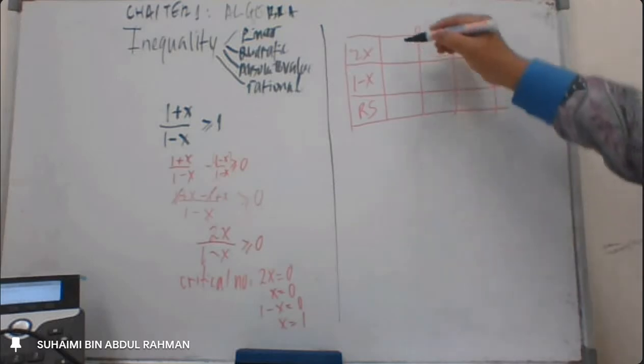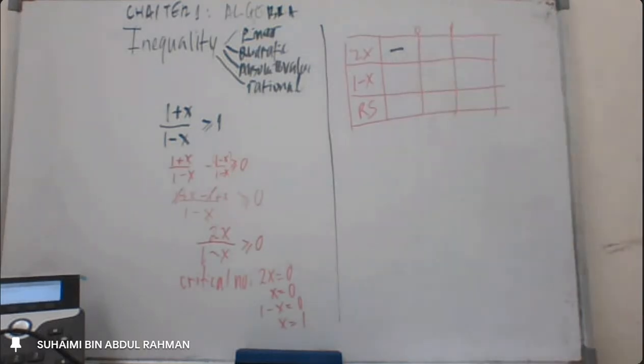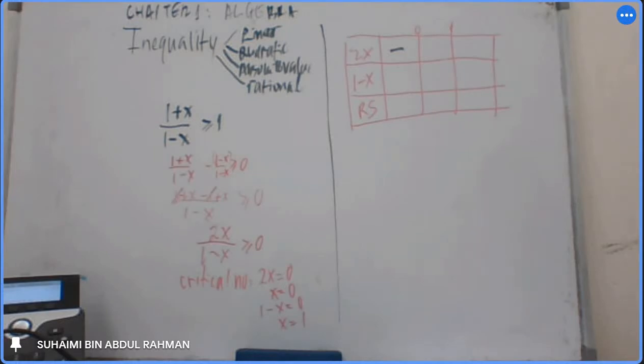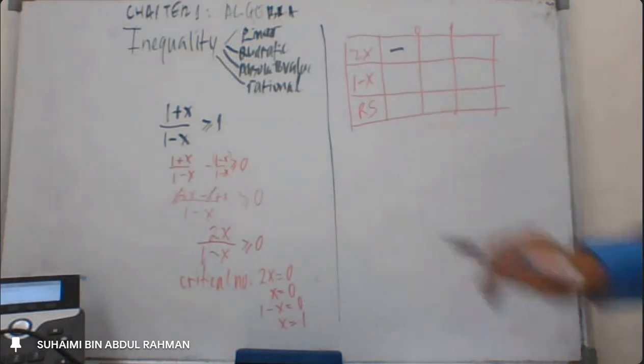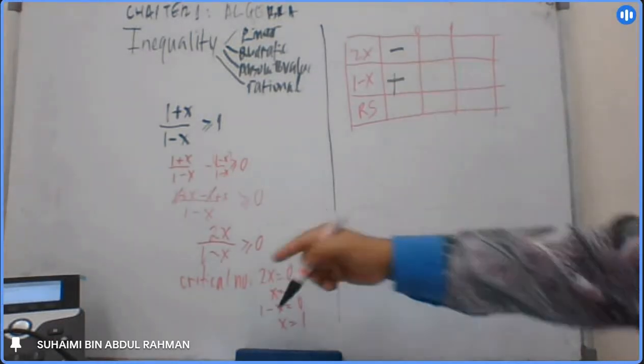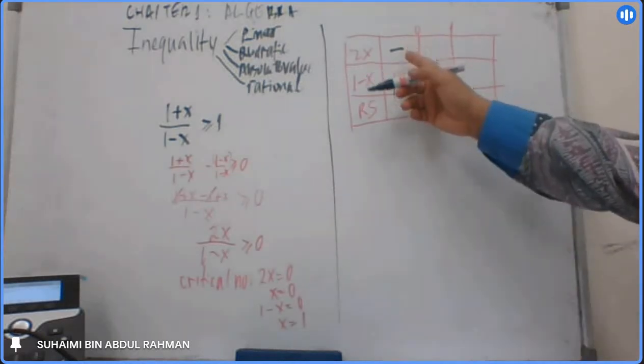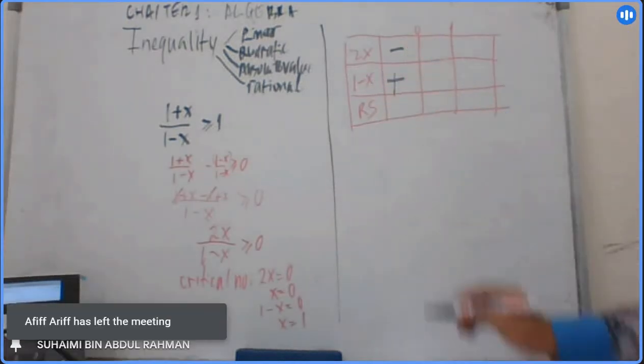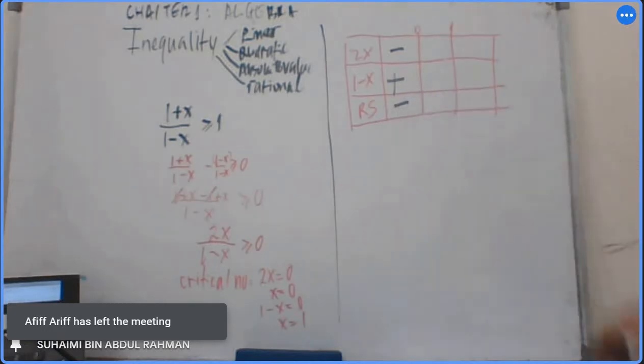Negative. And then positive. Now divide: minus divided by plus is negative.